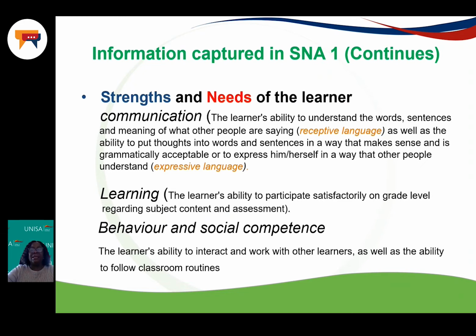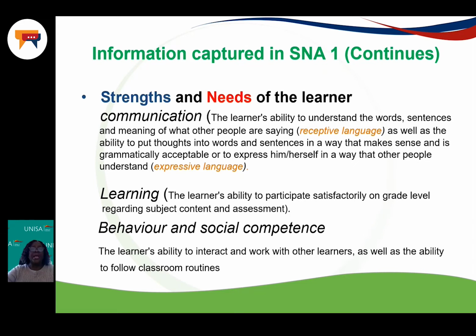Is he or she able to participate satisfactorily with regard to the subject content or assessment? If the learner is unable to do this, then you will realize that this learner has some kind of learning impairment.